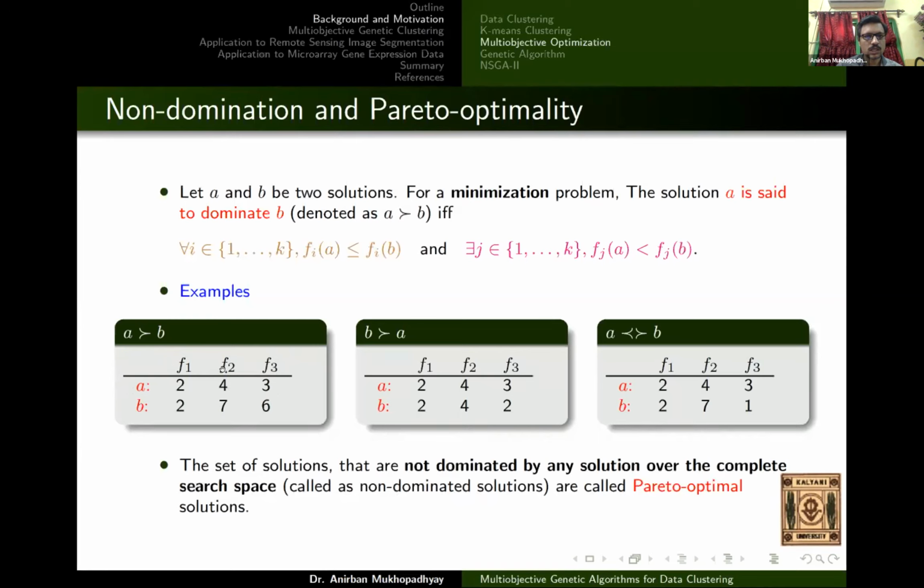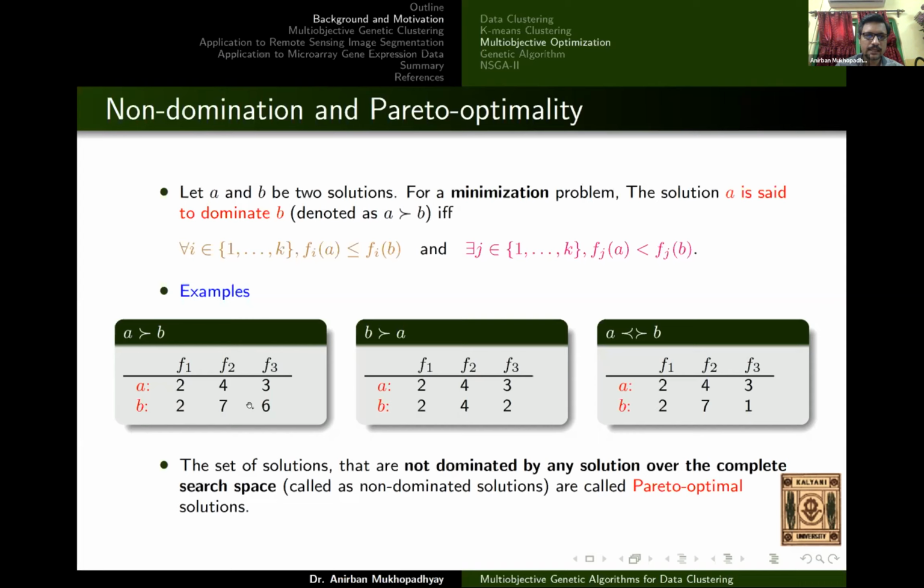For f2, solution A is definitely better than solution B, because this is a minimization problem, so 4 is better than 7. For f3 also, solution A gives a better value than solution B. So out of the three objective functions, solution A is better in two of them, and they have the same value for f1. So clearly solution A is the better solution.